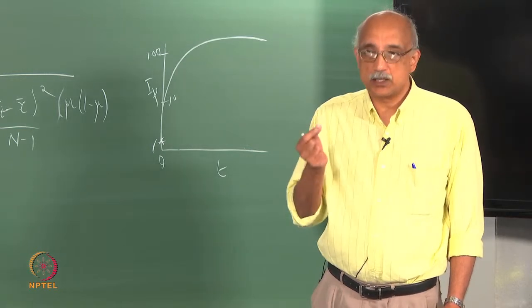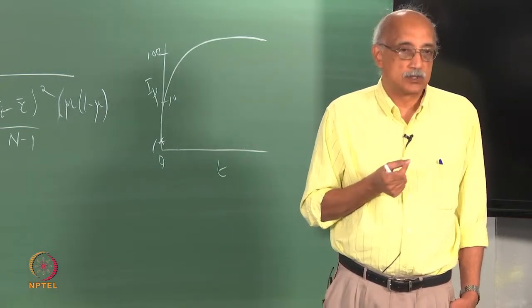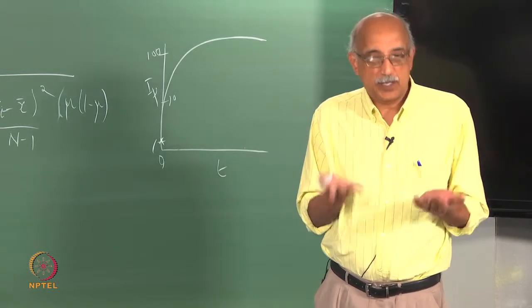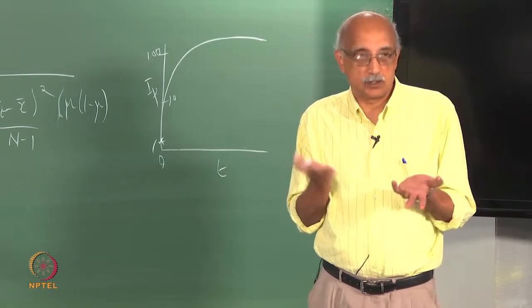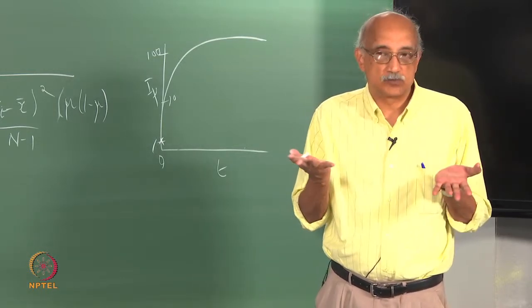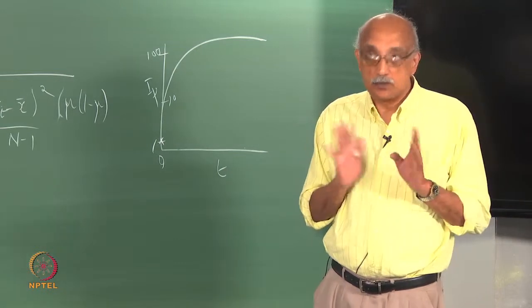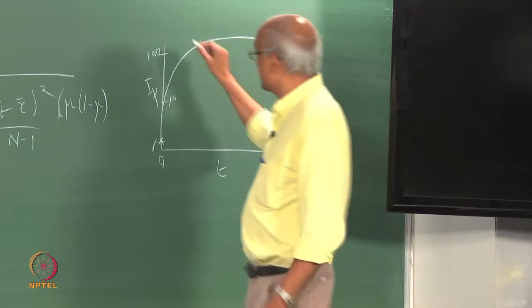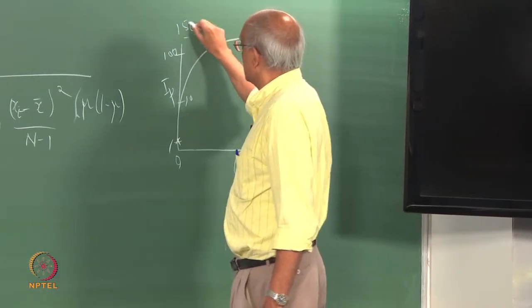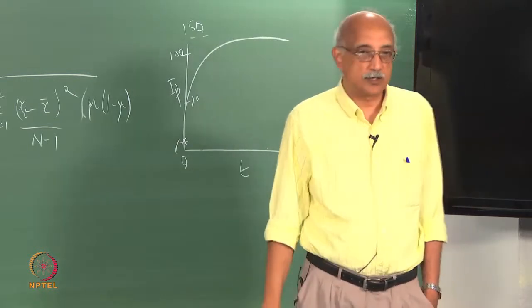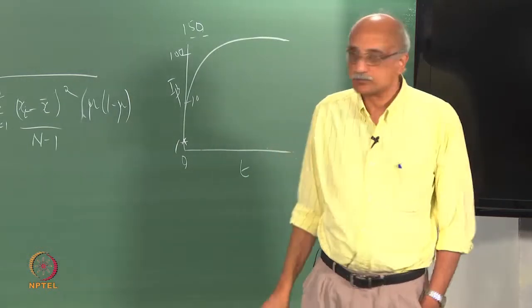Two, your measurement technique itself has errors. So even if xi and x bar are identical, there will be a sufficient gauge error in your measurement method that will make them seem different, right. So you will never really reach infinity, but what does happen is you reach a maximum value, and the maximum values of this IP, the mixing index, tend to be in about the 150 to 200 range.